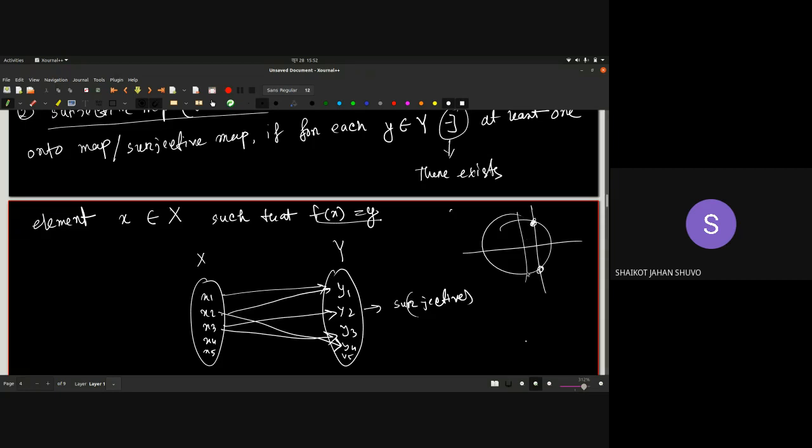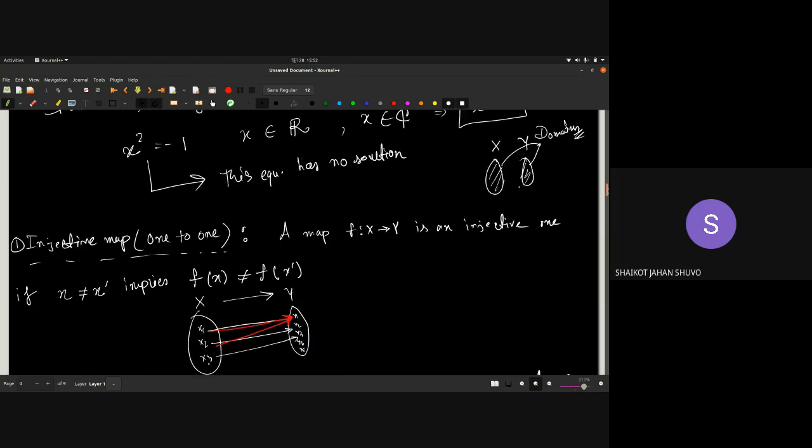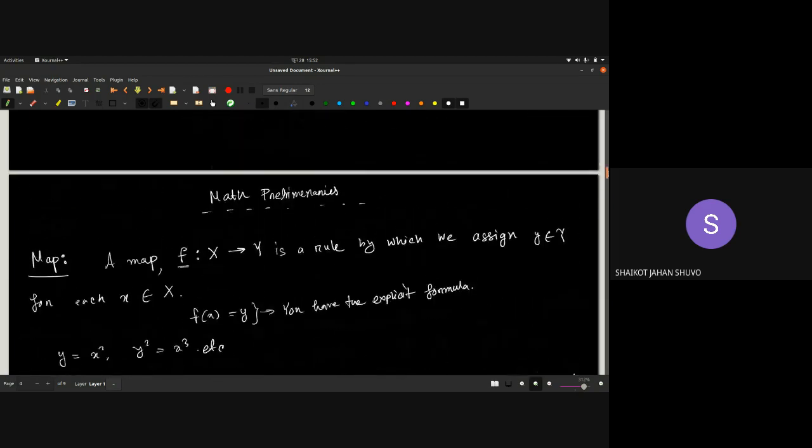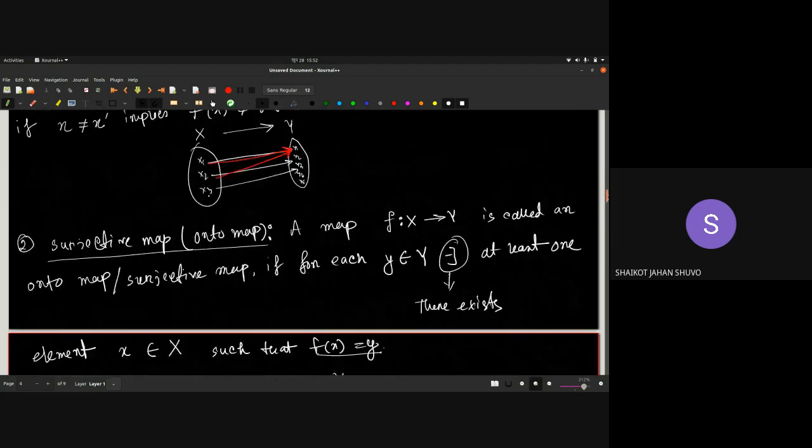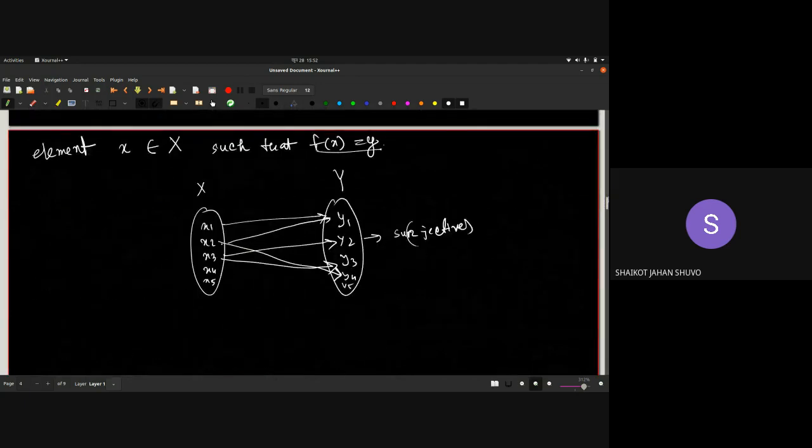We are not talking about functions, we're talking about maps in general. Just because I write it as f of x equals y, that doesn't mean I'm talking about functions. Who said they have to be functions? That's why we're calling them maps, right? From the very beginning, we're not calling them functions. Do you get my point?